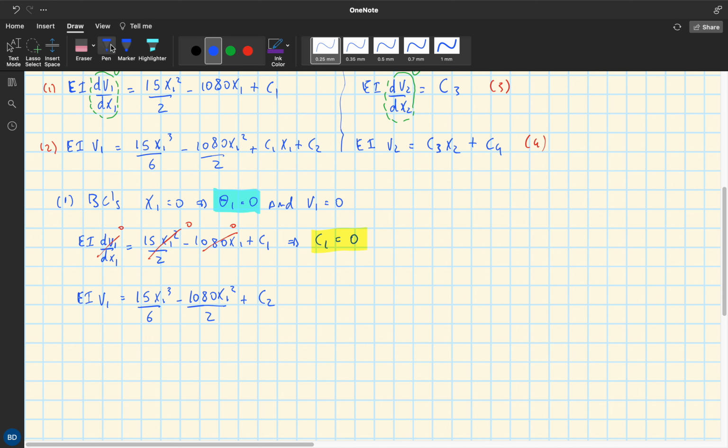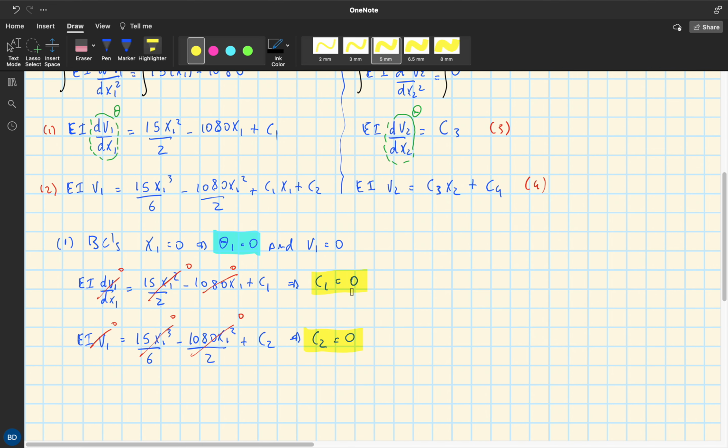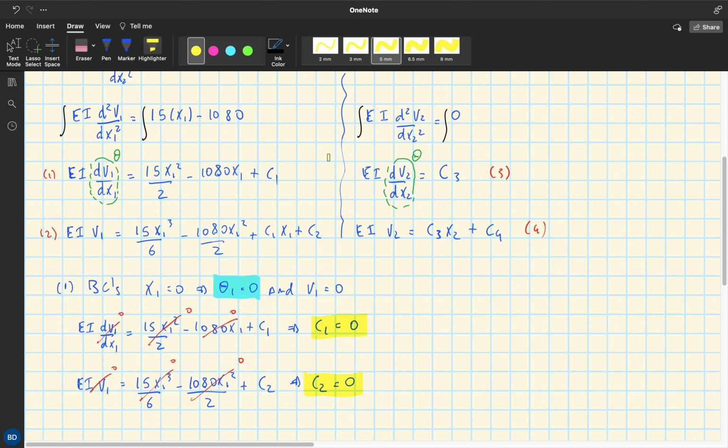Again, x is going to be 0 for this condition, and v1 is 0, and we only have c2, so c2 is equal to 0. So we have found the first two constants, c1 and c2 equal to 0. Now we have two more left, c3 and c4.